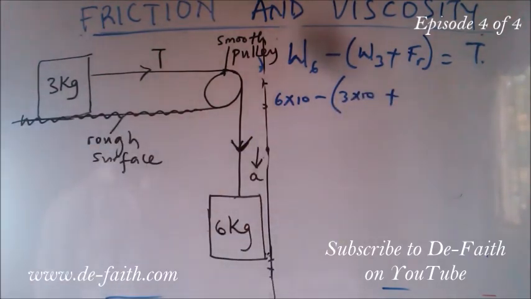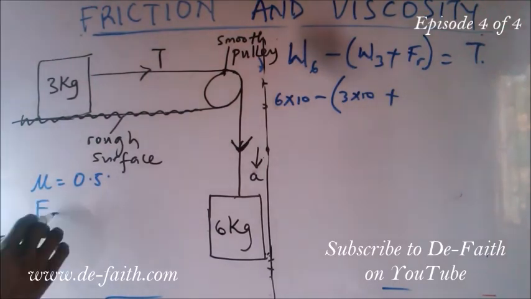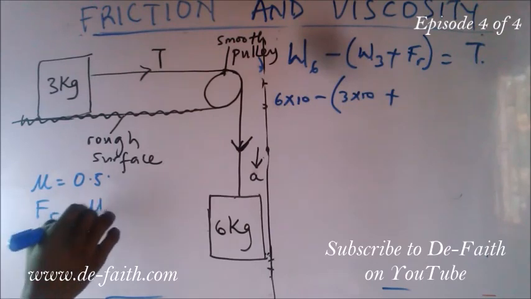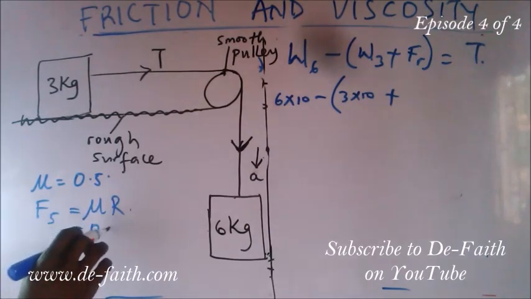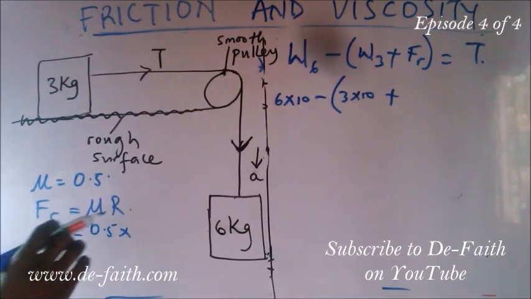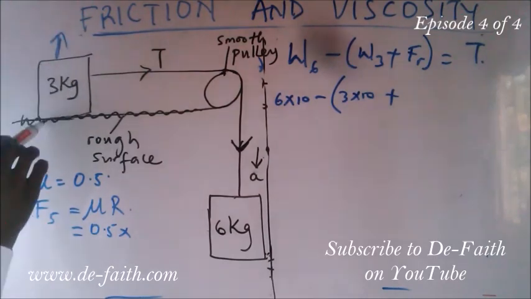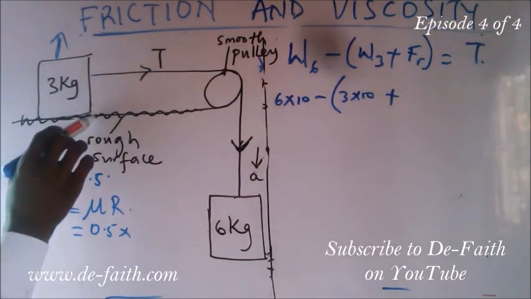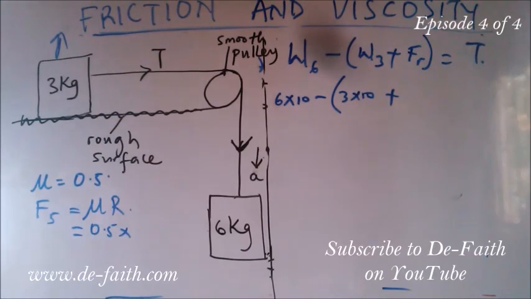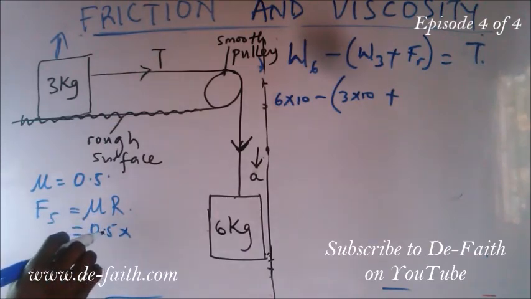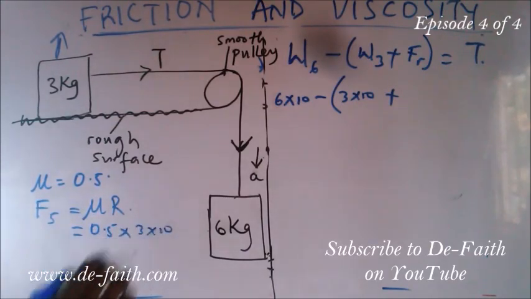In the question, we're told that it has a coefficient of static friction of 0.5. Now with this information, we can derive the frictional force. The frictional force equals mu R. The mu is 0.5 and the R is the normal reaction, because for it to move, it has to be limited by this rough surface, and our R over here is 3 times 10.